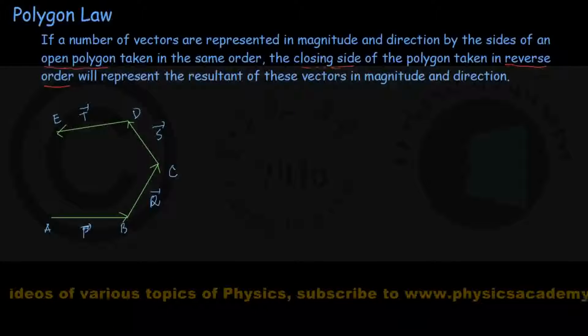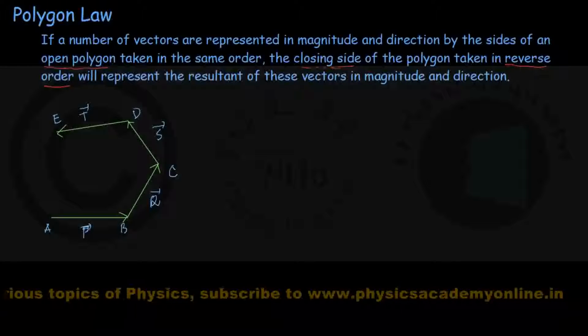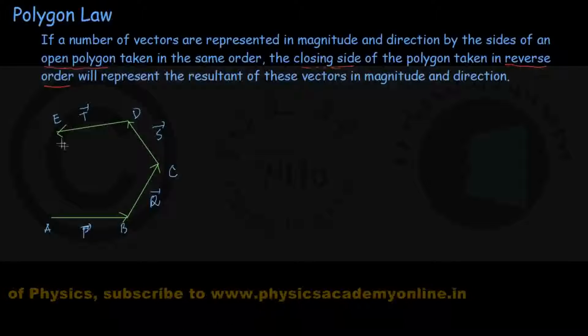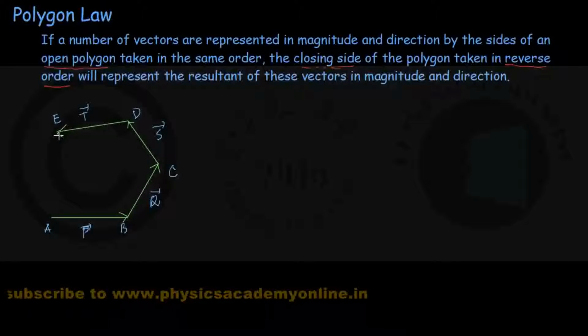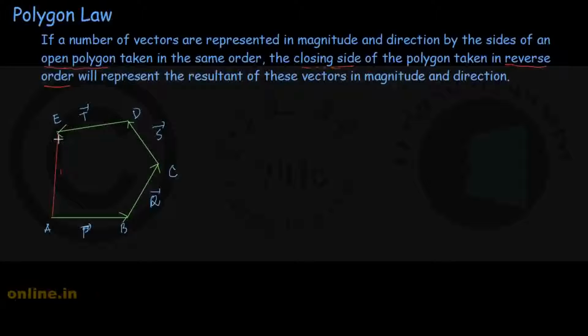So what they mean is that we just go for the reversal of the order, and I'll also accordingly change my ink color, and see I am doing this. This is EA I join, but I point the arrowhead like this. Opposite order was that. So I have said AB plus BC plus CD plus DE must add up to AE.